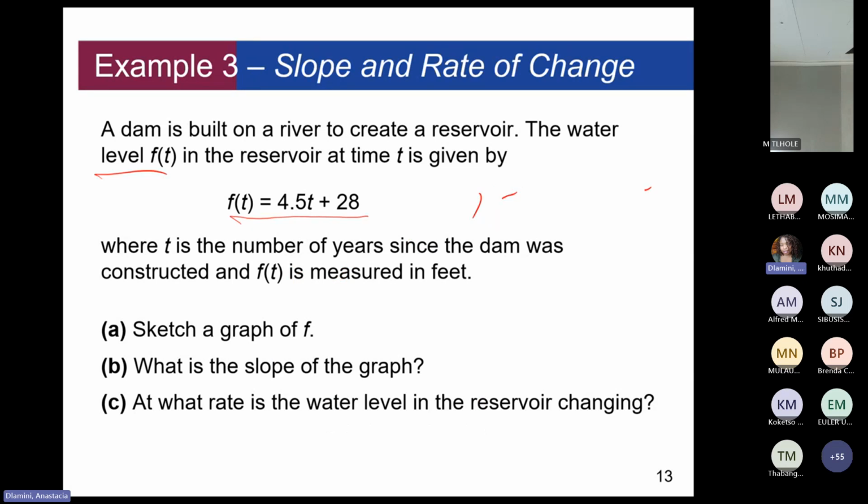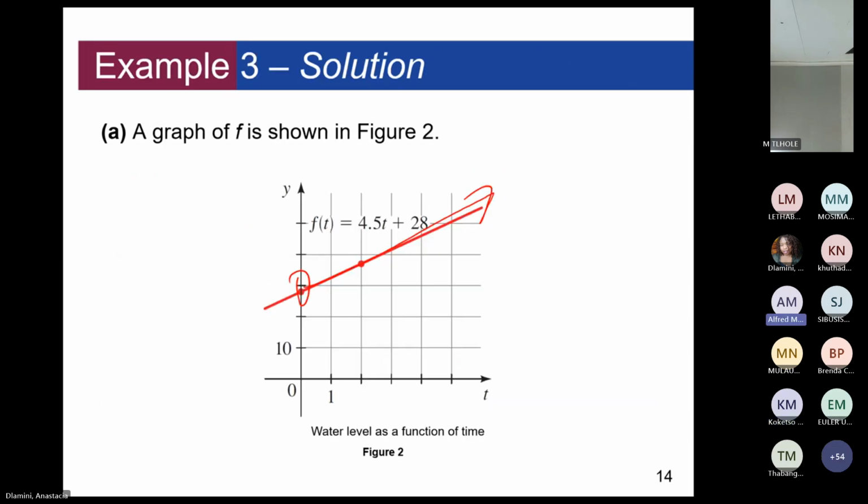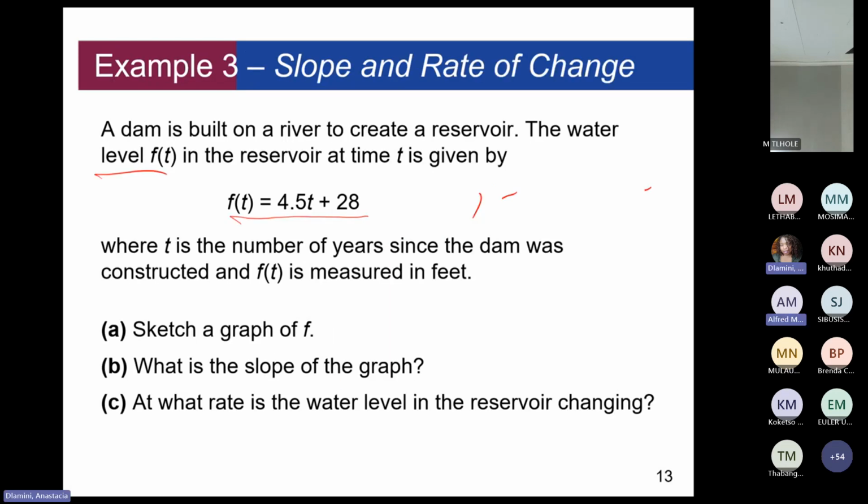Now, what is the slope of the graph? 4.5. Thank you, it's 4.5. That's the slope of the graph. What rate is the water level in the reservoir changing? Please mute.